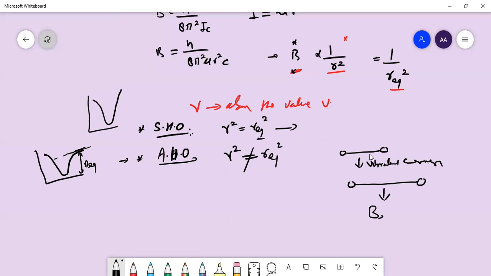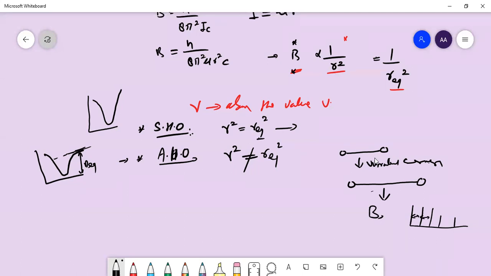Okay, so we can say the rotational constant B then varies even more with vibrational energy. As you increase the vibrational energy, more and more stretching of the bond will take place. And if there is an increase in the bond length, the value of B will decrease. What will happen if the value of B decreases? So far we have discussed that the distance between the respective lines is the same.